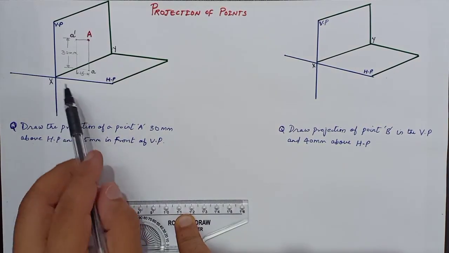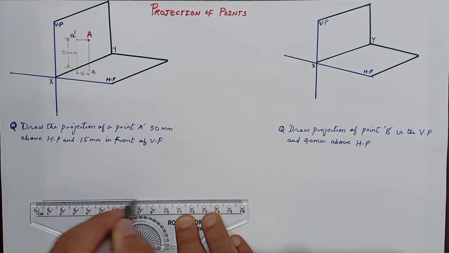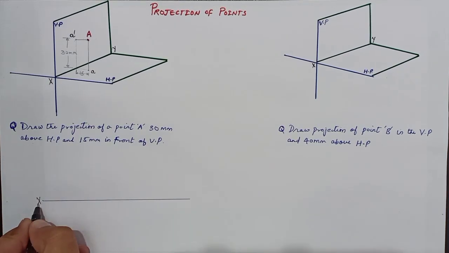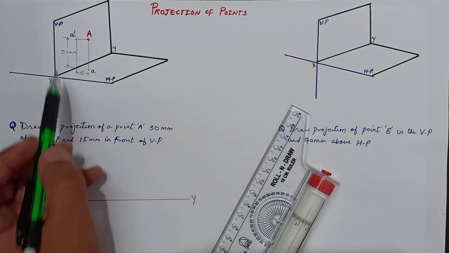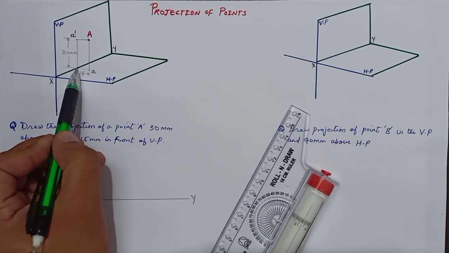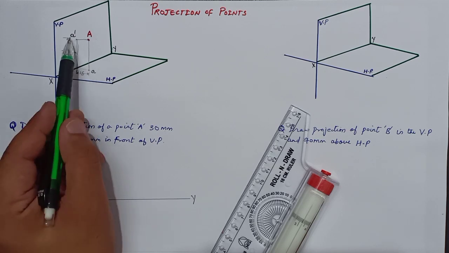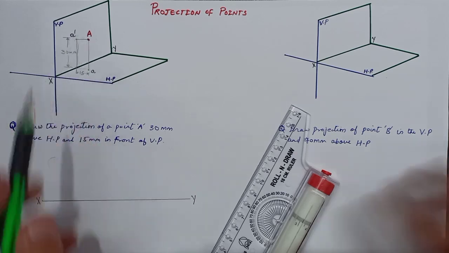For the orthographic view, first we need to draw the reference line XY. Now from this pictorial view we can see, measuring from reference line XY, a vertical distance 30 mm above HP will give point A dash.